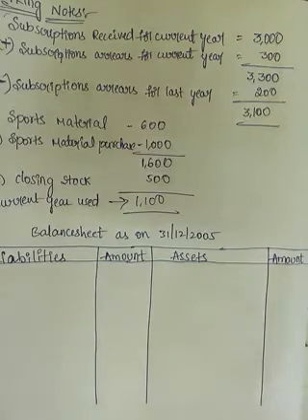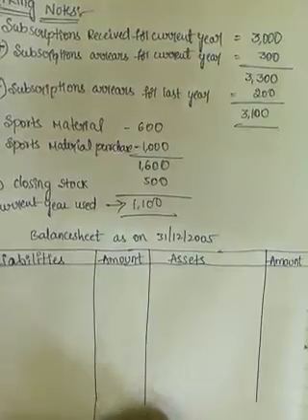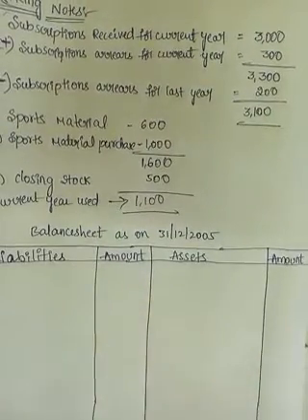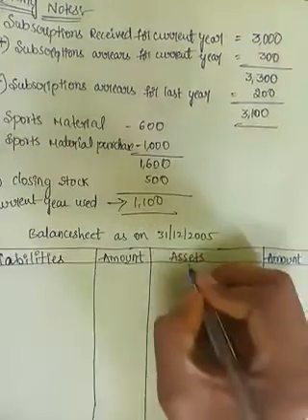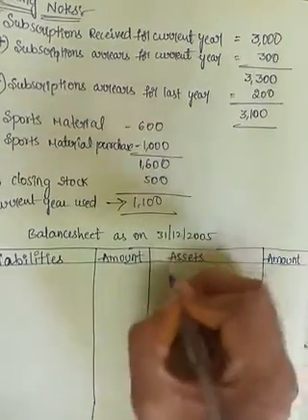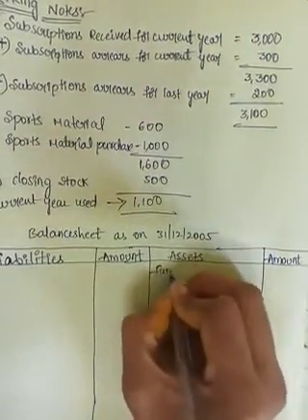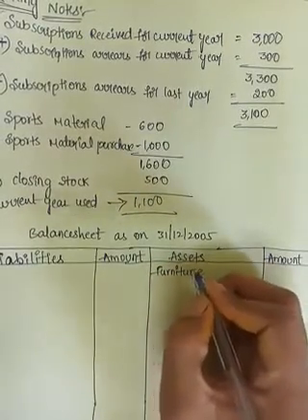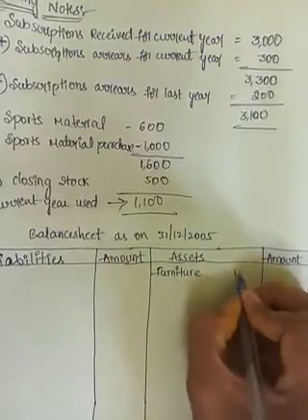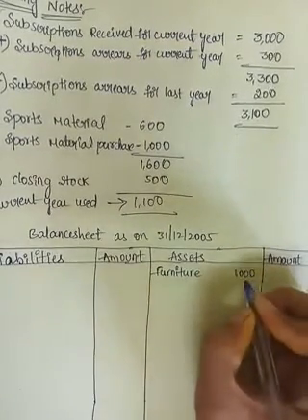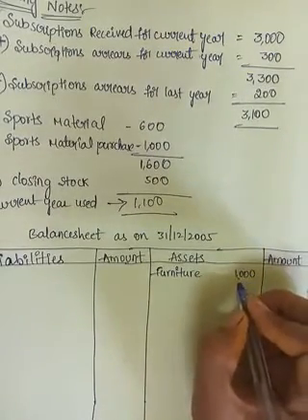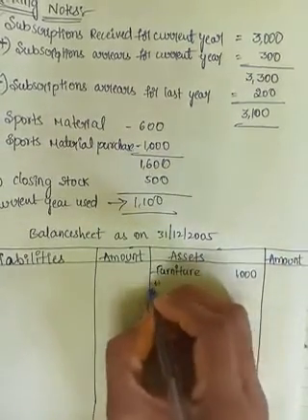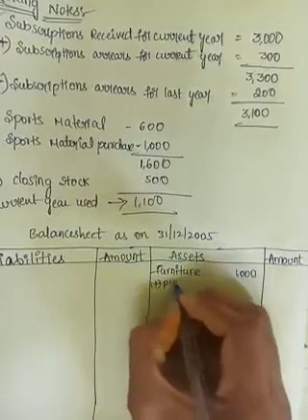Now see the asset side. First is furniture. How much is the furniture value? It is 1000. Next, additional purchased furniture is 400.